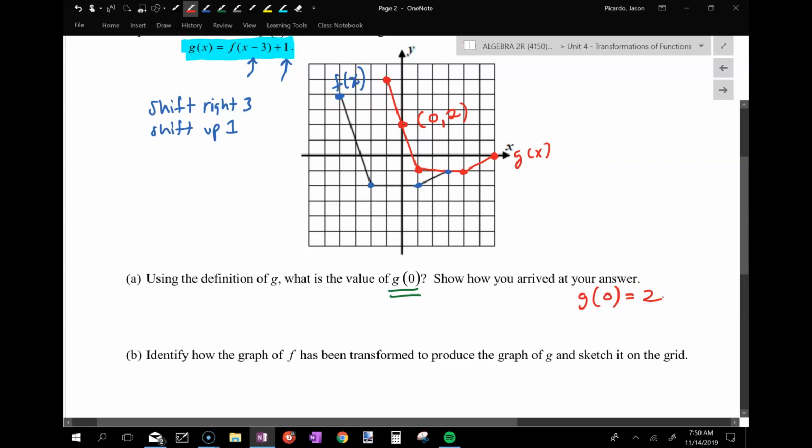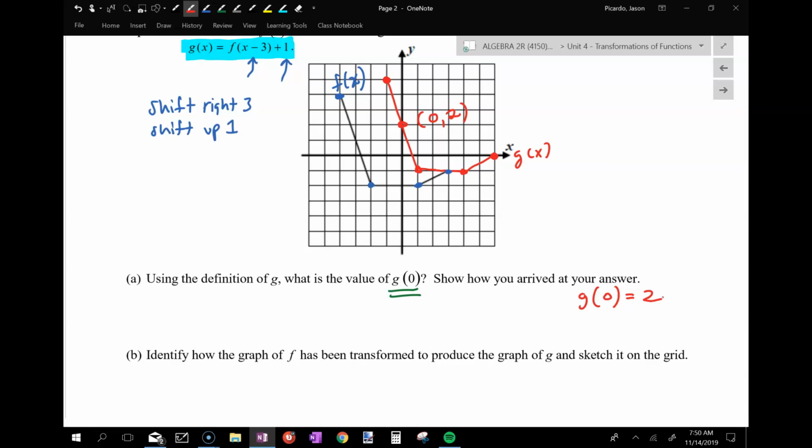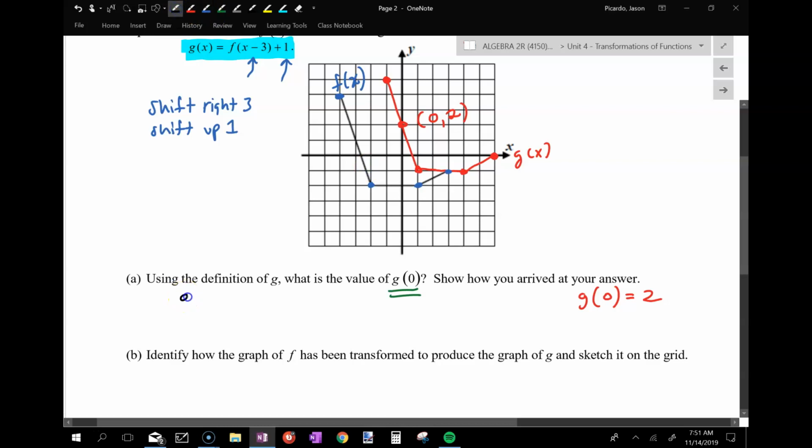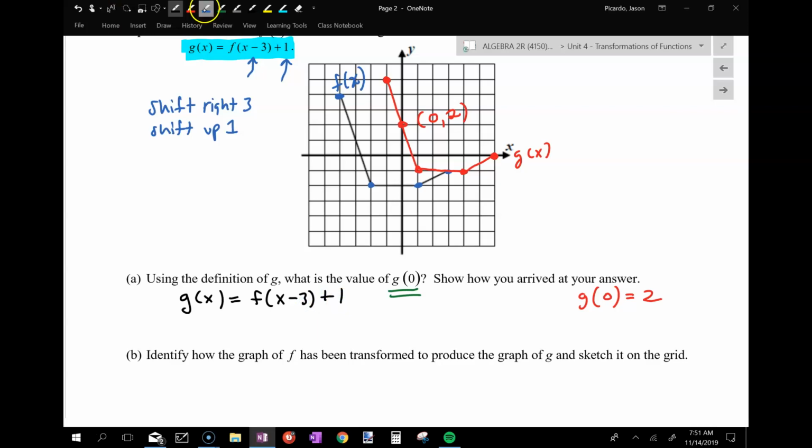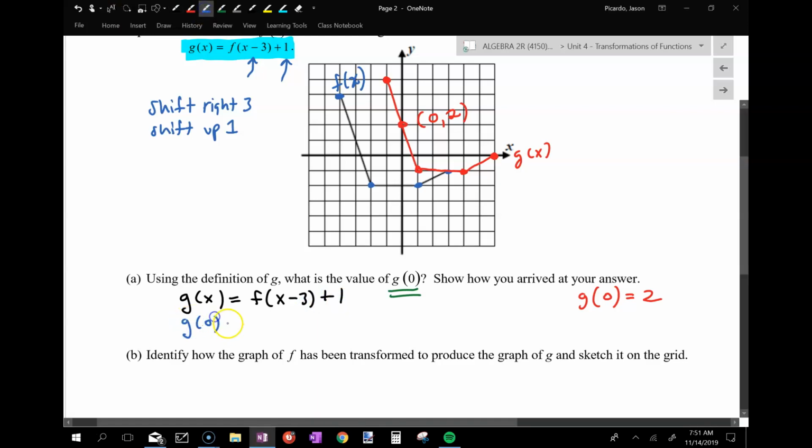Now, what if I did it using what Dylan was just saying? Dylan was saying, well, plug it in. Well, this is my function. So let's plug 0 in. g of 0 is that. What's 0 minus 3? Negative 3, right? So this would be the same as f of negative 3 plus 1.